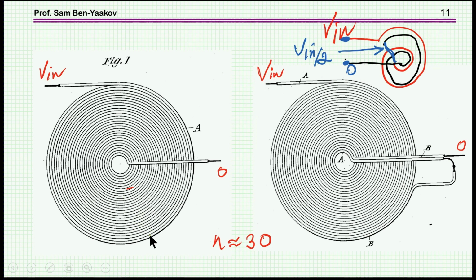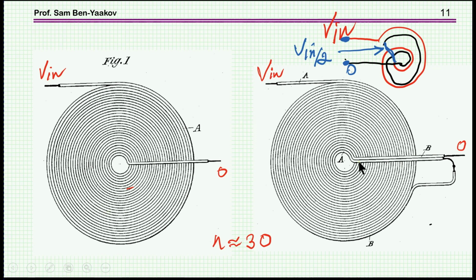This is a structure of, let's say, a pancake type coil. It's a spiral coil. You start here and you go all the way and then you come out. This is one layer, okay? This is used today, by the way, a lot in wireless power transfer for cell phones, etc.